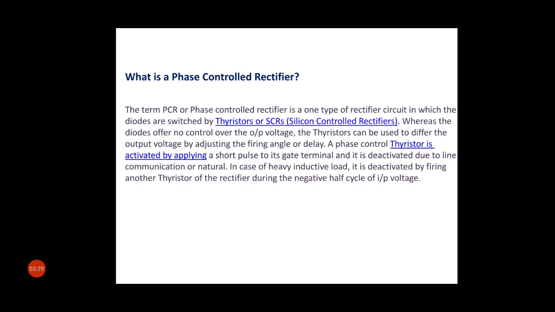But in this controlled rectifier module, we are going to study rectifiers using SCR, that means silicon controlled rectifier, because SCR is a control device and this device can be controlled. If you compare SCR with a diode, a diode is an uncontrolled device.